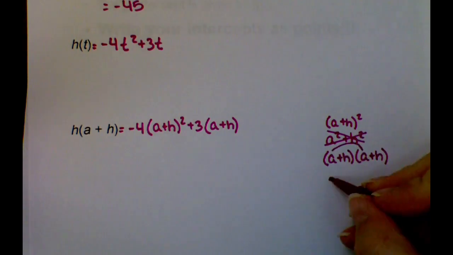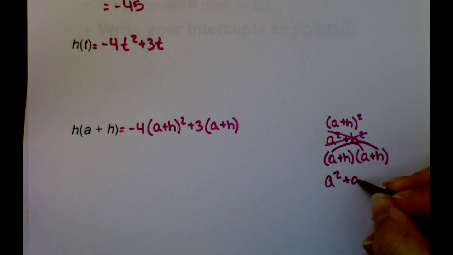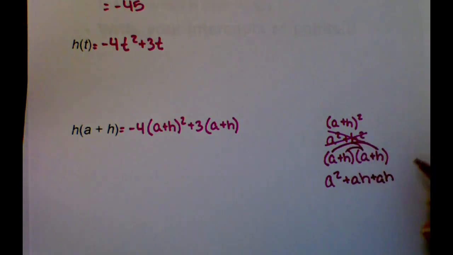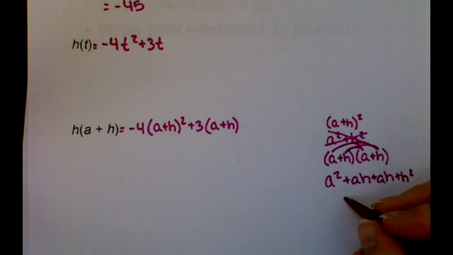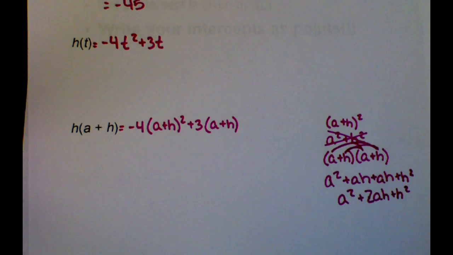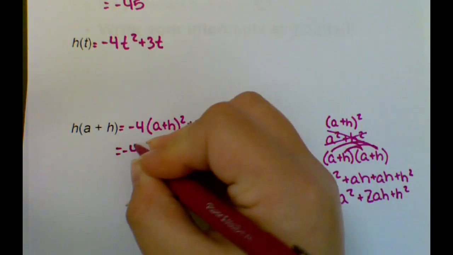First, a times a is a squared. Outside, a times h is ah. Inside, h times a is also ah. And last, h times h is h squared, which combines to make a squared plus 2ah plus h squared. So that's a little side work I did for a plus h squared, because that's the first thing we should have done.